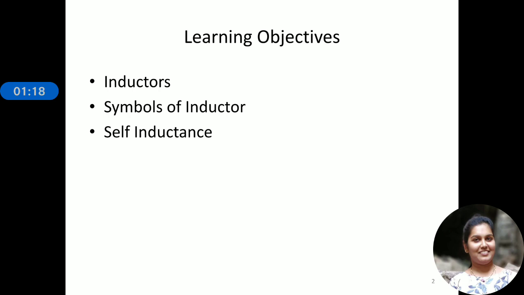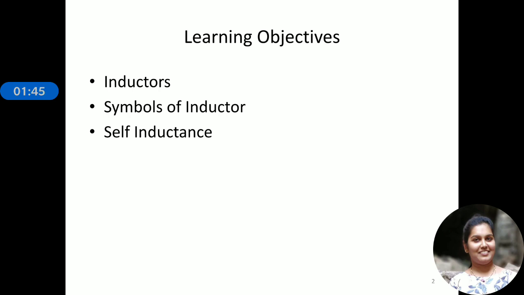Okay, so let's start discussing what is about inductor. So an inductor is a passive electrical component and it consists of a coil of wire, and it is designed to take the advantage of the relationship between magnetism and electricity as a result of an electric current passing through the coil.